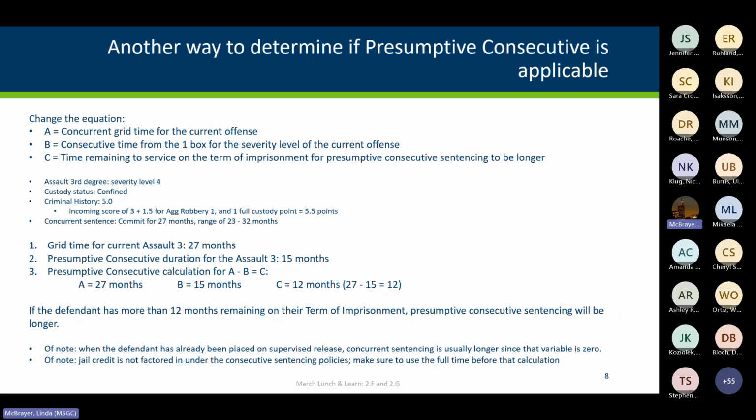Subtract the criminal history score of 1 duration from the grid time duration. So here we're subtracting the 15 months consecutive duration from 27 months, the grid time, and we get 12 months. So now we flip the question and we say, does the defendant have more than 12 months remaining on their term of imprisonment?